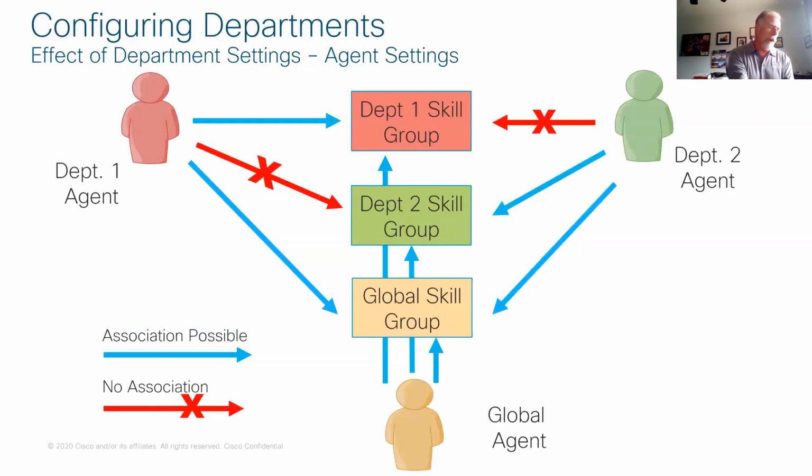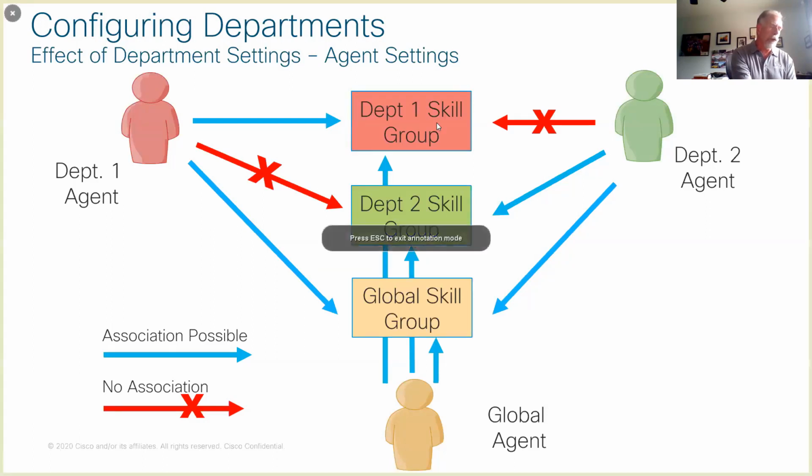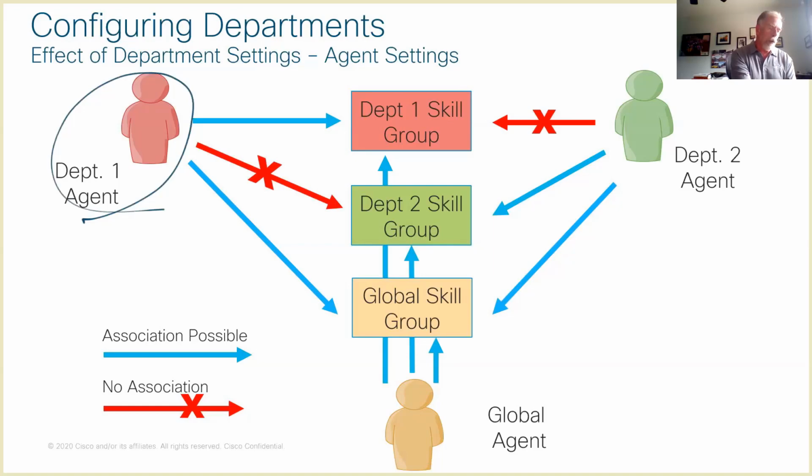And here's an example of access or department configuration, not now based on an administrative function, but based on an agent function. So can I put an agent into a skill group or an attribute, if you will? Well, I've got an agent defined as being in part of Department 1.